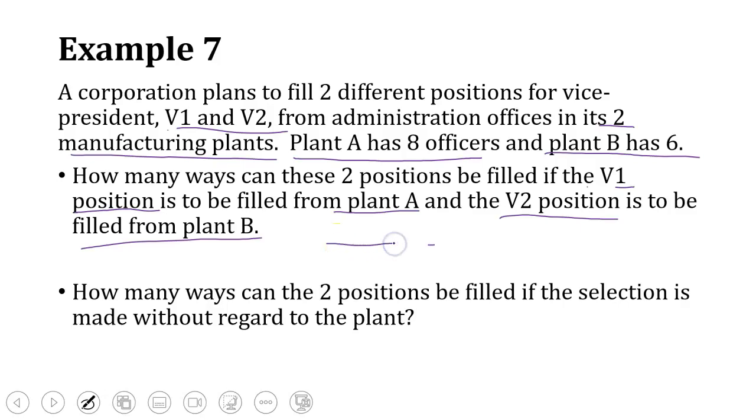So I have my 2 choices, V1 and V2. Now over here, I have 8 officers from Plant A, and then I have 6 from Plant B.